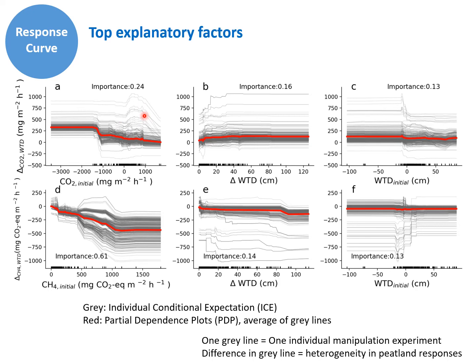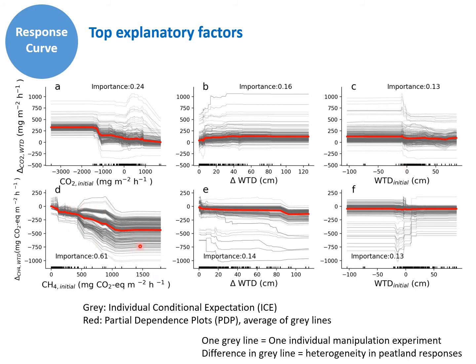For carbon dioxide, as you can see, there will be a strong response of carbon dioxide release into the atmosphere if the ecosystem is initially a strong carbon sink, or if we have a big change in water table depth, or the ecosystem has an initial shallow water table depth before water table drawdown.